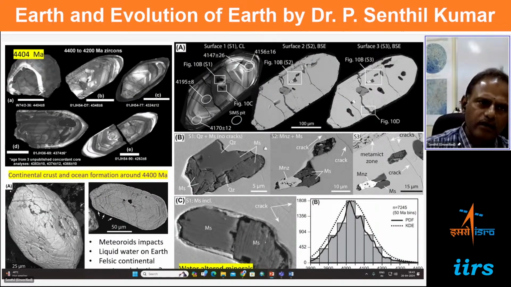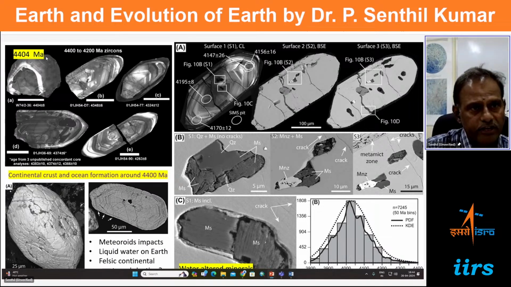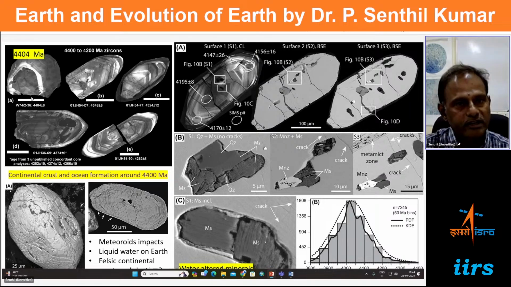They took this mineral and determined the concentration of the radioactive isotopes, and they got an age of 4,400 million years. They also found ages varying from 4,400 million years to 4,100 million years. These are the oldest minerals scientists have discovered from Earth.